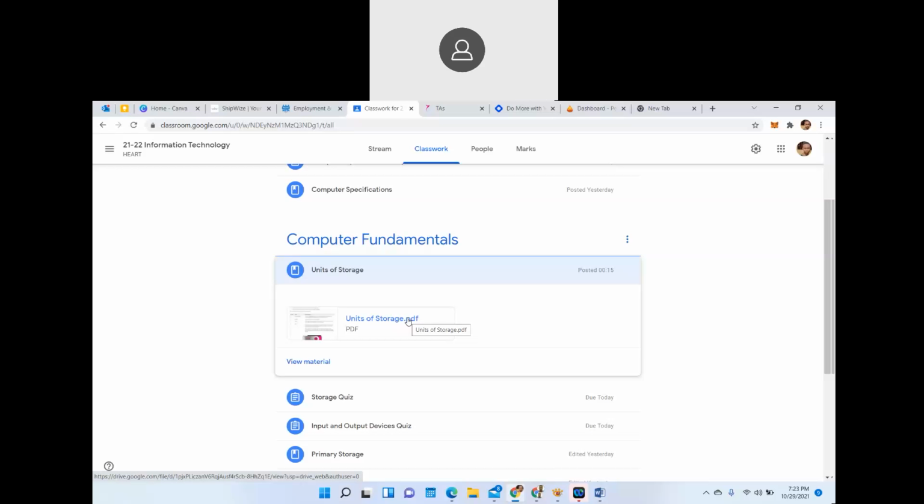Flash memory, yes. What else? And which of the primary storage did we look at? RAM and ROM. What other storage devices can you recall?